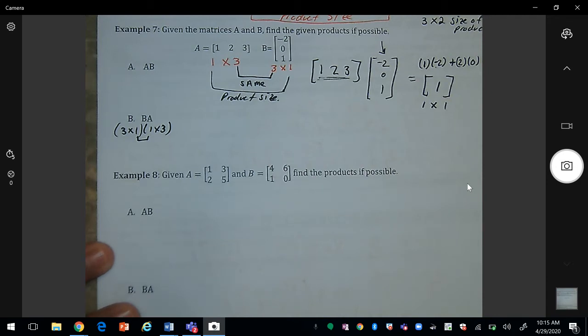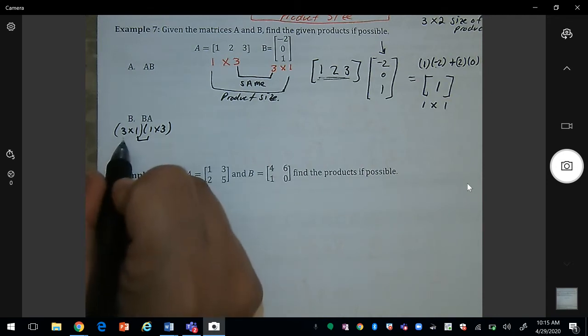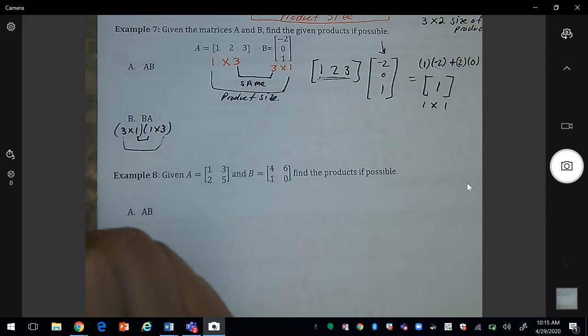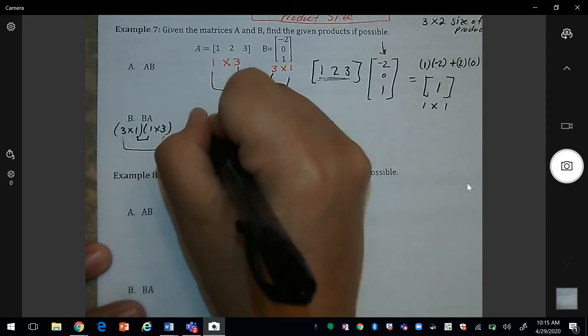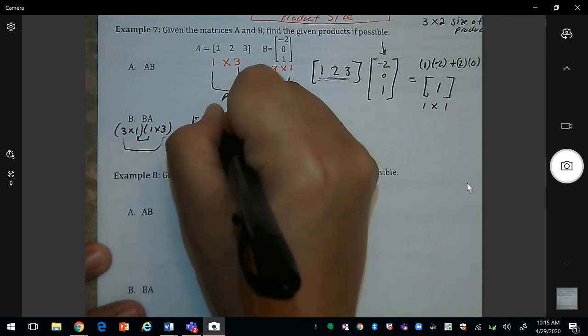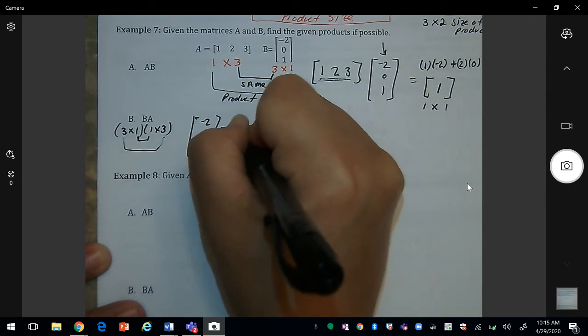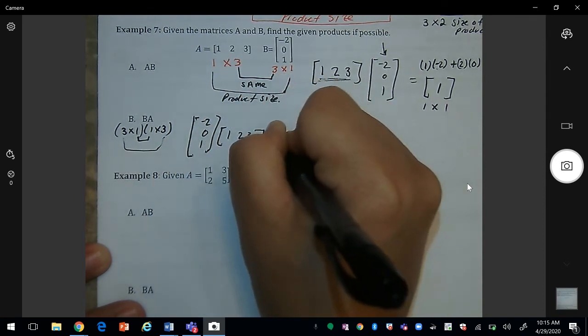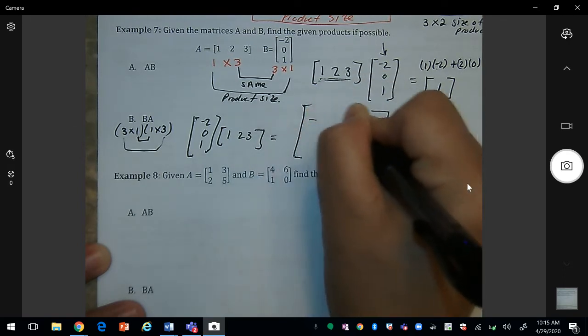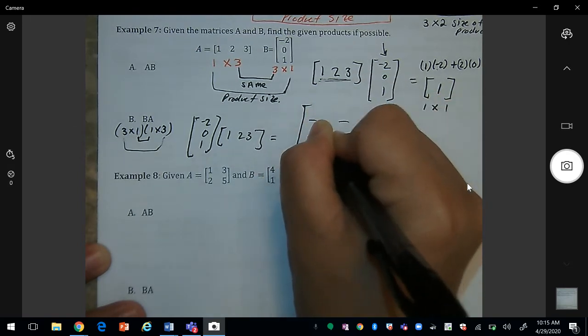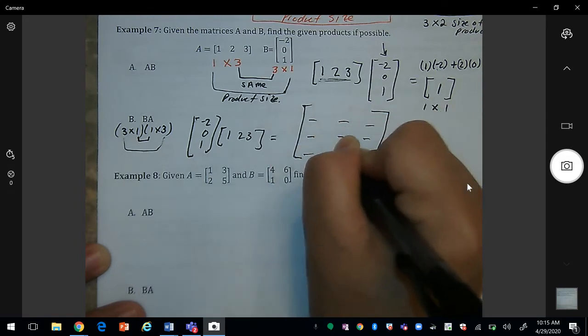And our resulting matrix should be a 3 by 3. So here we're going to have B times A, and this is going to result in a 3 by 3 matrix.